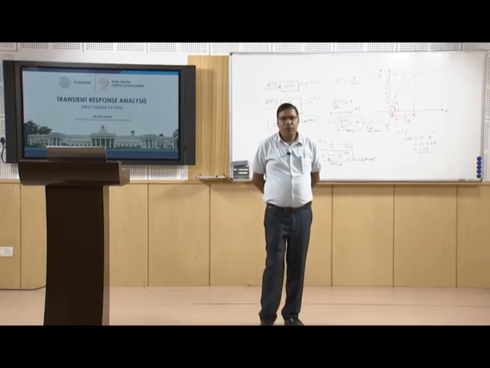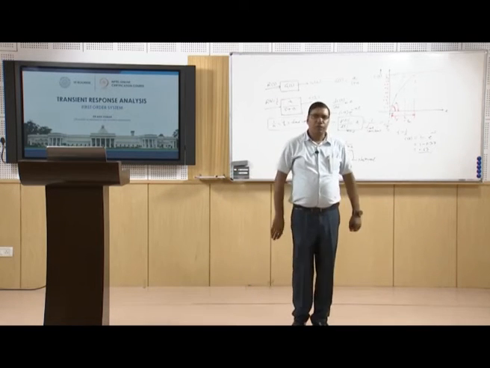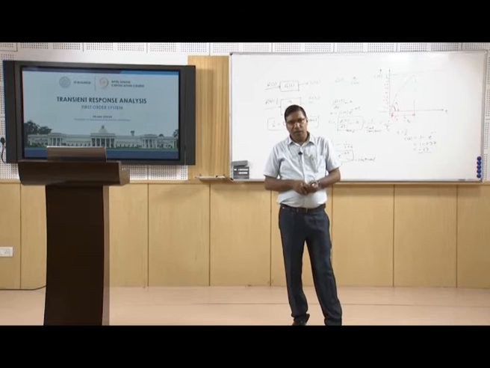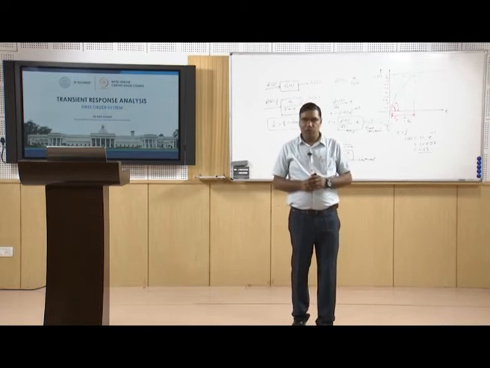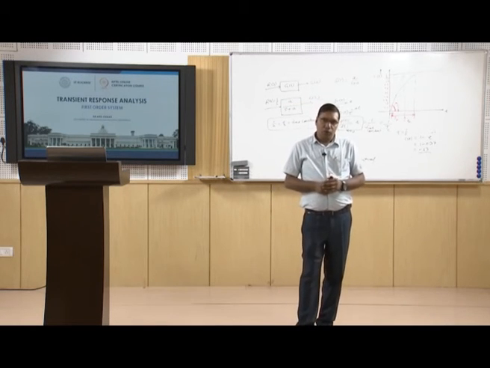Now, we have one more point that we want to discuss. Suppose we have a response of a first order system from some experiment, and from that response we want to make the transfer function of that system.